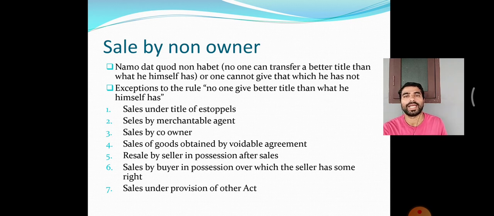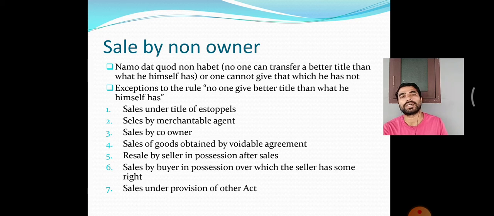Simply I can say, if you don't own something, you cannot transfer that to a third person. You don't have a right to transfer that to a third person. So if you don't have a car, how can you transfer your car to a third person? It's a question. So here comes the point of sales by non-owners. Even though you're not the owner, you can transfer in some situations that we will discuss.